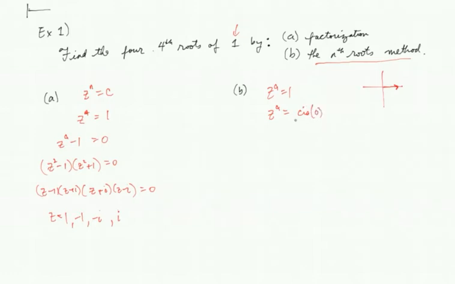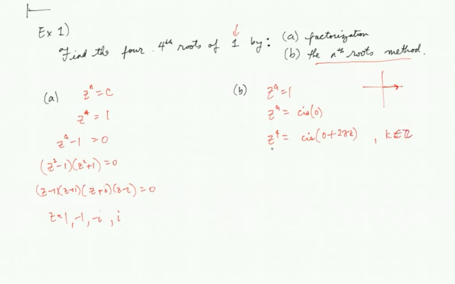Okay, and so now we have this, and then the next step is to use the property where this can keep spinning around for values of k, right? So we have z to the fourth is equal to cis of 0 plus 2 pi k, where k is an element of the integers.